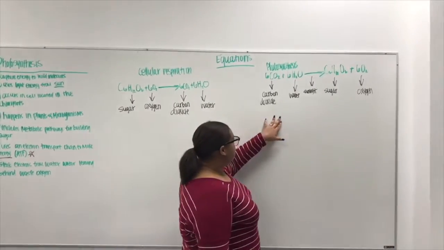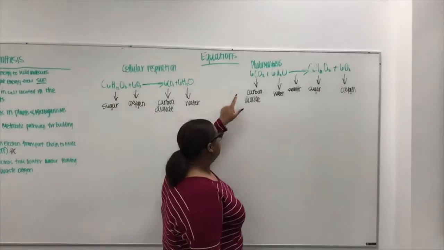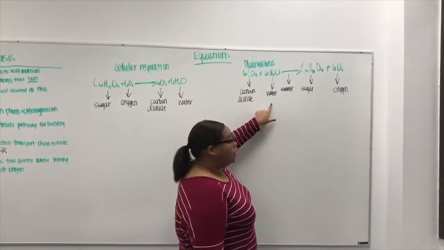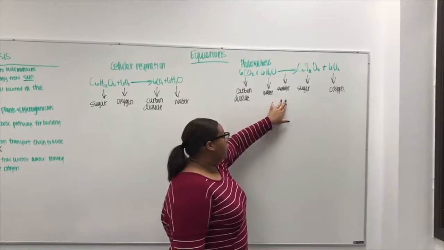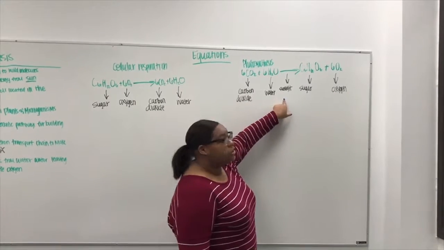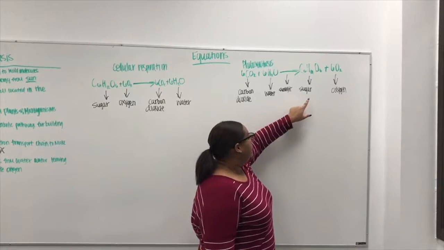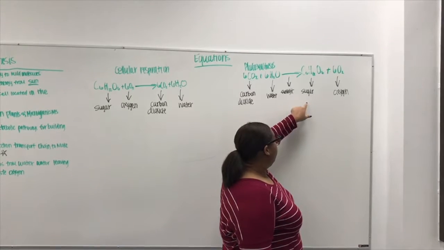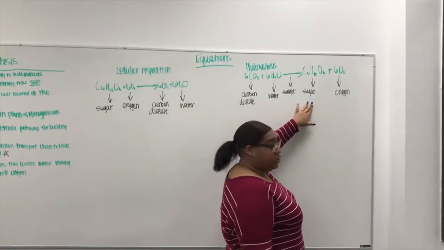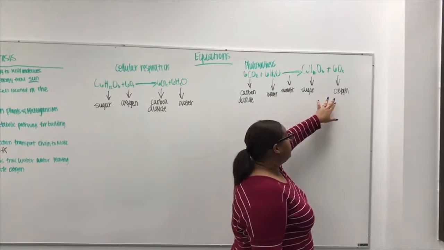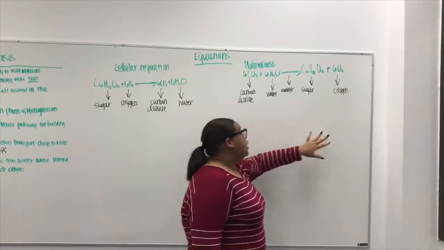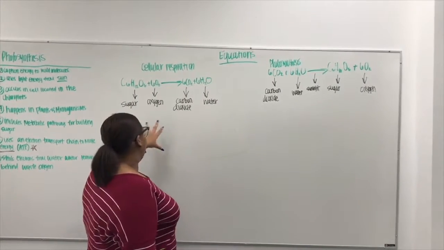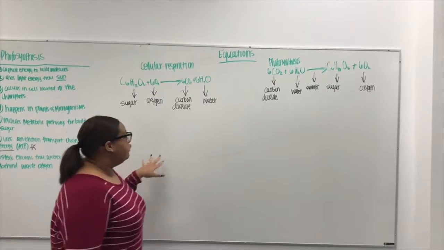Okay, in photosynthesis, you have 6 CO2, which is carbon dioxide, plus 6 H2O, which is water, and then you get your energy, which is sunlight, and the products would be C6H12O6, which is the sugar, and 6 O2, which is the oxygen. So you see they are similar in a sense, but everything is almost the opposite or is in different parts.